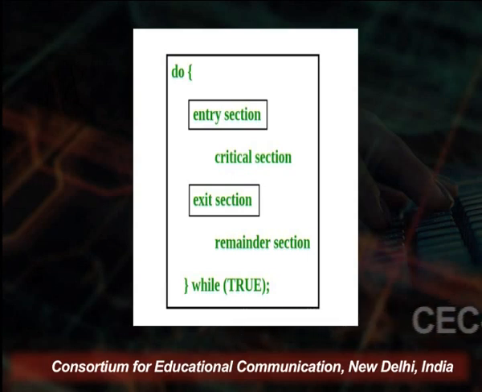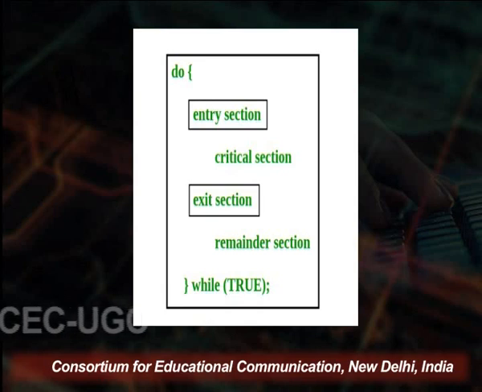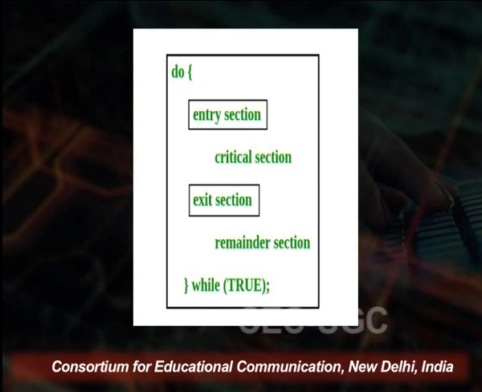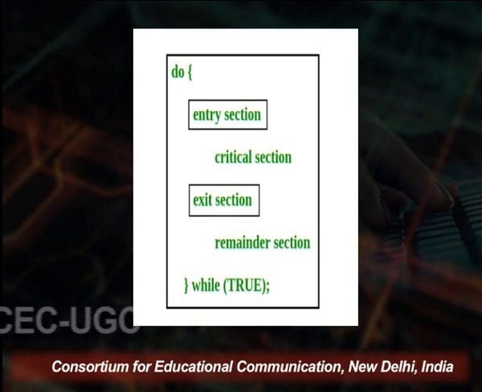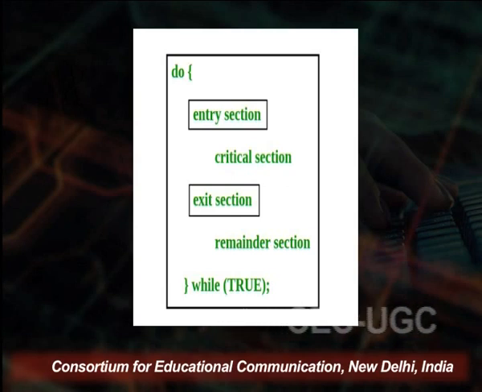Followed by the critical section, when one process is coming out after usage of the shared resource, is the exit section, and whatever sections are left which are not categorized as entry, critical or exit come under the remainder section, and this goes on till the processes are getting executed.